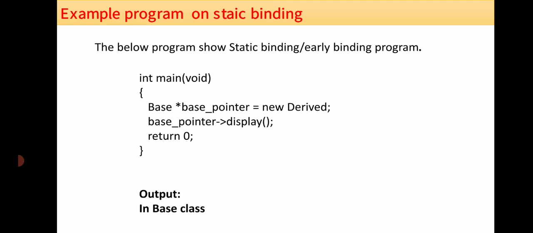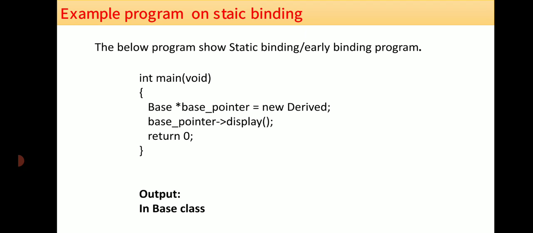Here we create an object of the base class, and we create a pointer to the base class, and we pass an object of the derived class to it. Using this pointer we call the method of the base class.